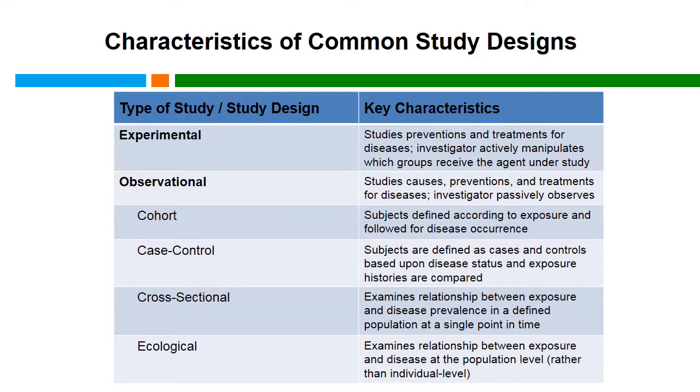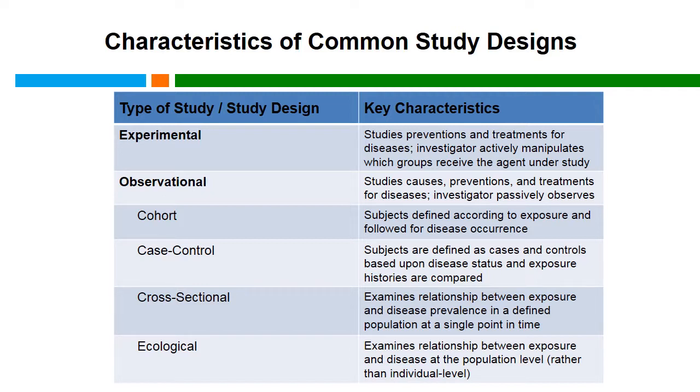So you may be using some of these studies, and I know some of you are using an experimental study design, a randomized controlled trial, for example, in your studies in this class. Under the realm of observational studies, we have cohort, case control studies, cross-sectional studies, and ecological studies. And let's look at some of these differentiating factors between these study designs.